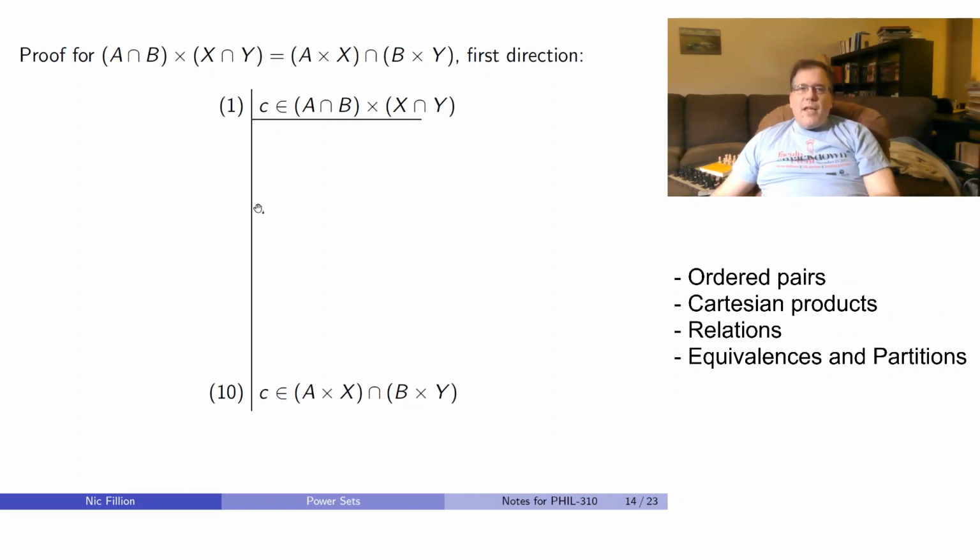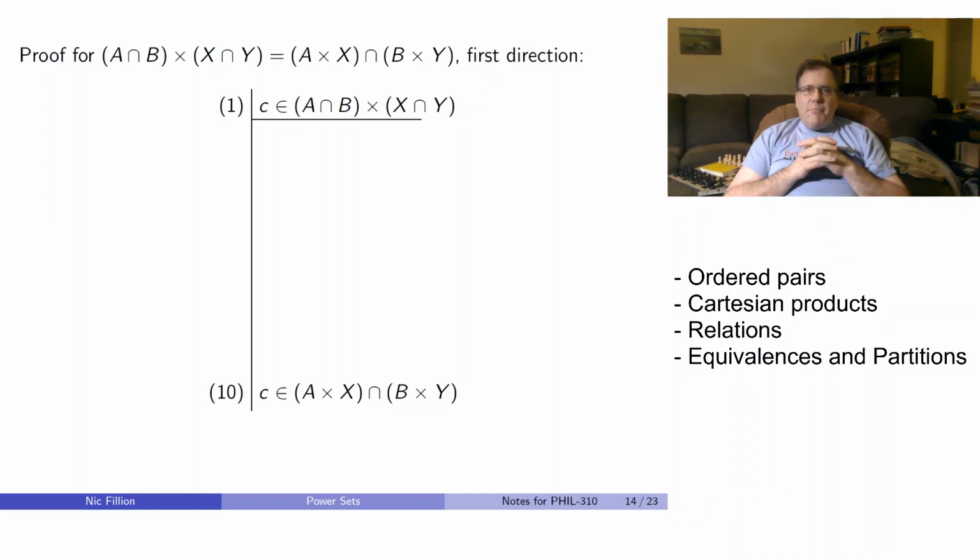Now, if we look at the first line, we see that the main operator in the set is the Cartesian product. So since we have a Cartesian product, we know that all the members of that set that we're talking about on line 1 are going to be ordered pairs.